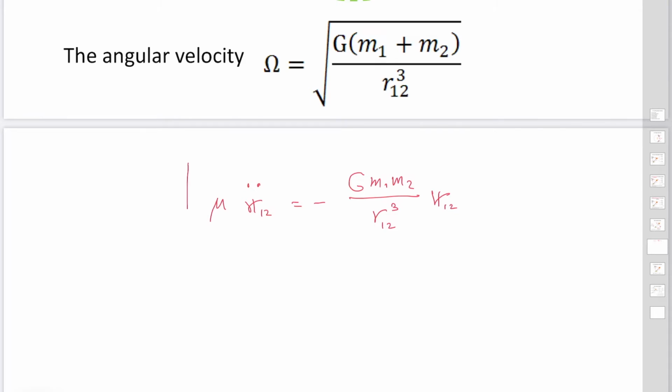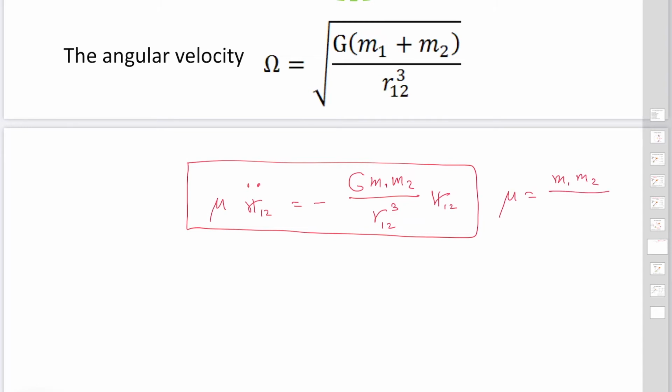This is the equation of motion, the relative motion for the two objects we have studied. And mu is the reduced mass. Mu is m sub 1 m sub 2 over m sub 1 plus m sub 2. This is the reduced mass.